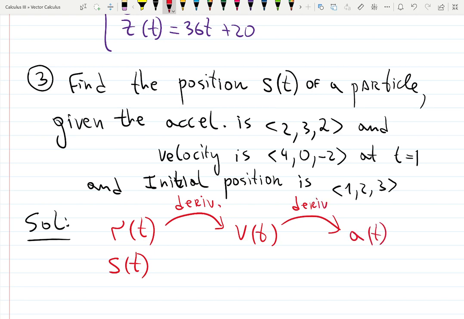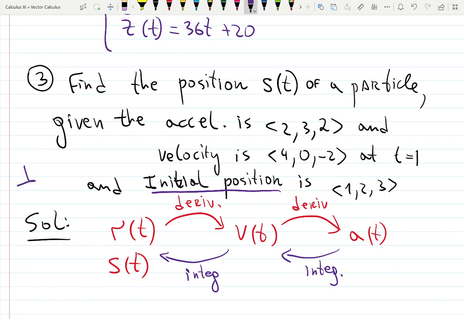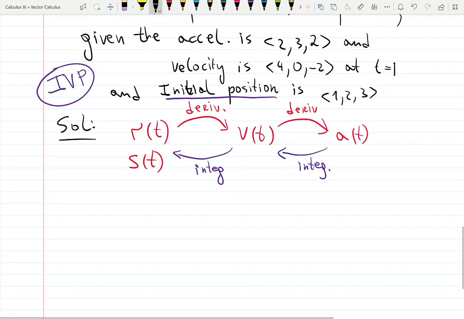So guess what you need to do to go back? You integrate, and you integrate again. The problem with integration is it does not give you a unique answer, and that's why the initial value is important. So as always, we call it an initial value problem, even though it's in terms of vectors. Let's do it. Honestly, students usually like this. So trying to be optimistic.